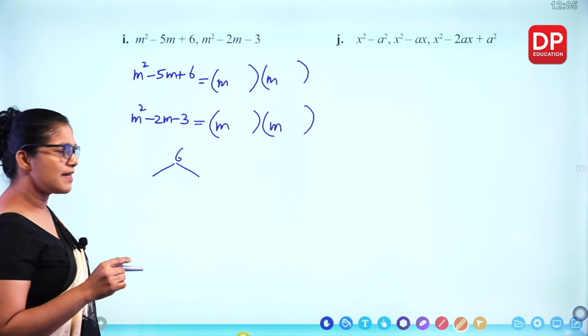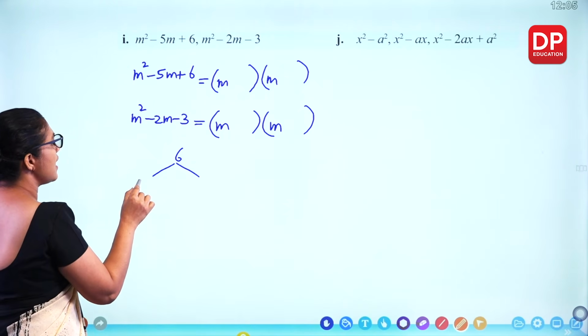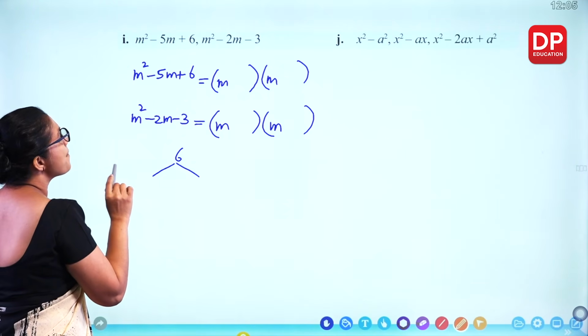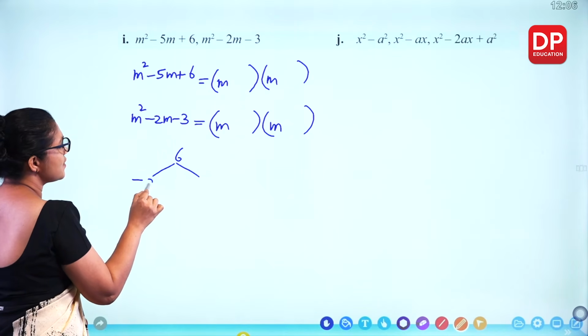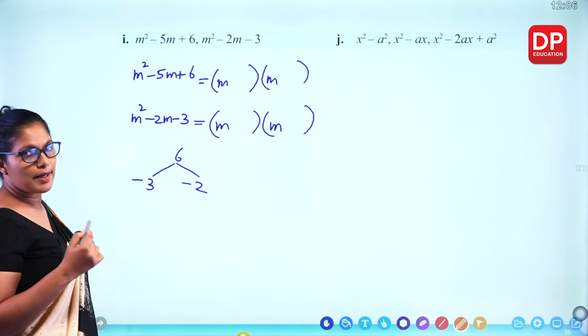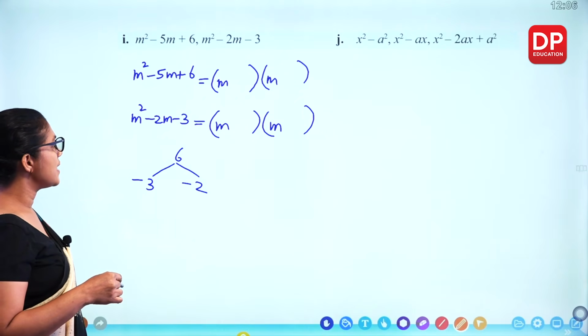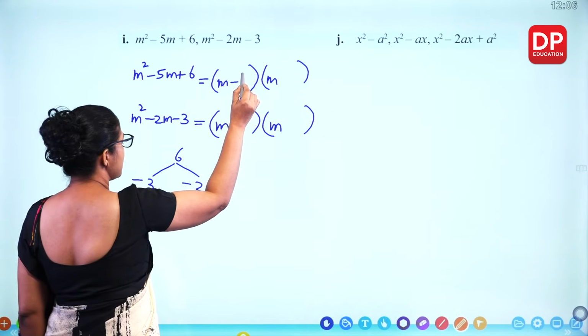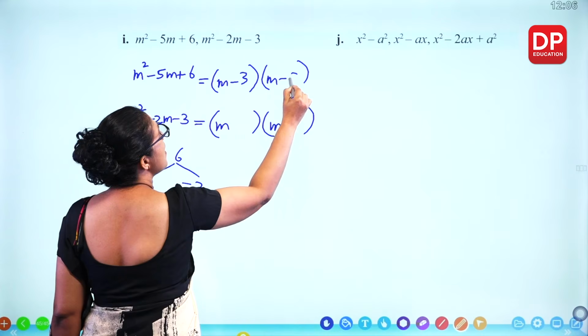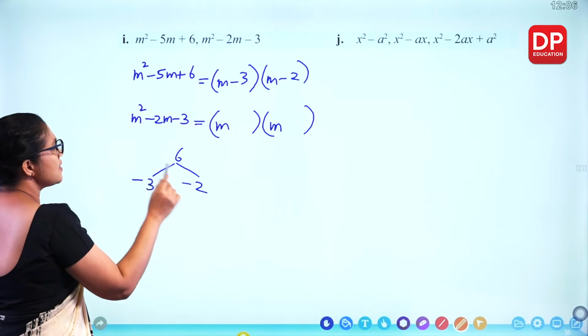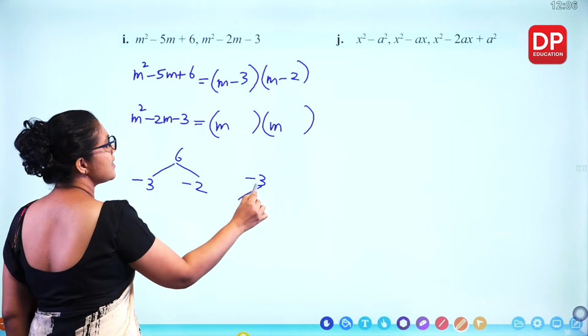Middle term is negative. That means you should get negative values. Minus 3 and minus 2. When you multiply, you get plus 6, and when you add, you are getting minus 5. So the factors are minus 3 and minus 2. In this one, you need to get minus 3.